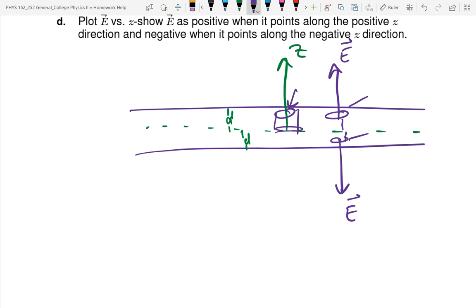Well, that becomes real easy. Electric field times area is equal to area times height times charge density over epsilon 0. Cancel out the two areas. You have electric field is equal to height times charge density divided by epsilon 0.